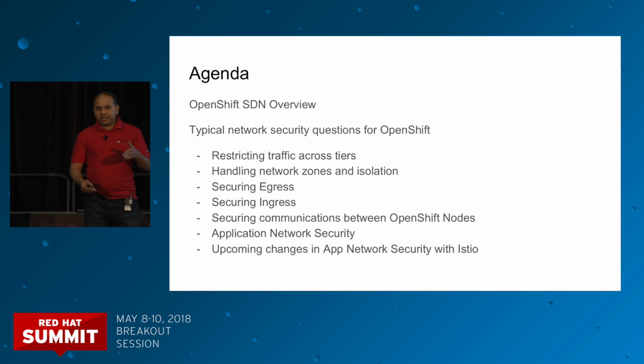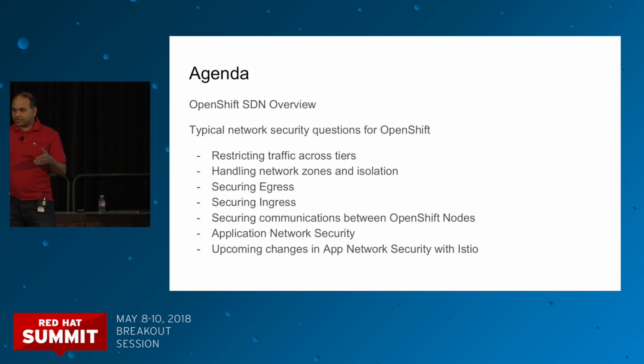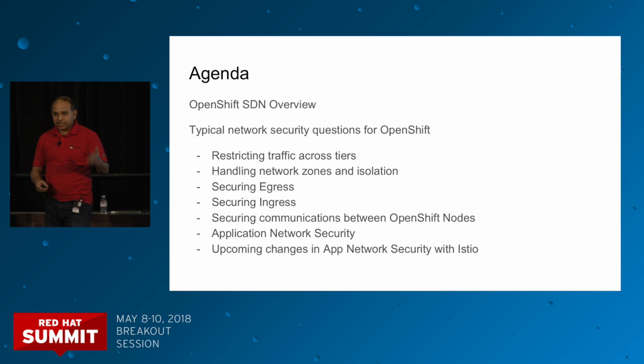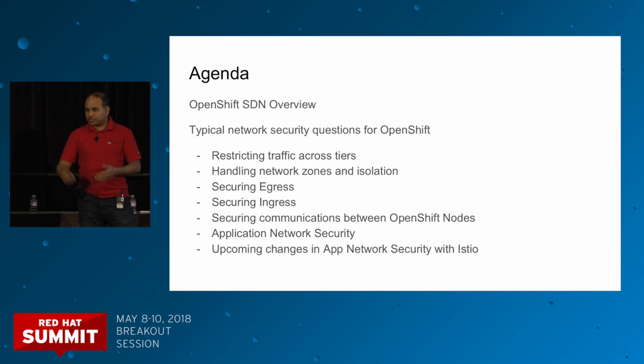And after that, we'll get into typical scenarios. Some of these scenarios might apply to you. These scenarios are derived based on the kind of questions that Shanna and I get asked on a day-to-day basis. So we'll talk about a scenario, the kind of questions that we get asked, and what solutions we have in OpenShift, or how you solution around it for OpenShift, right? That's the topic of discussion.